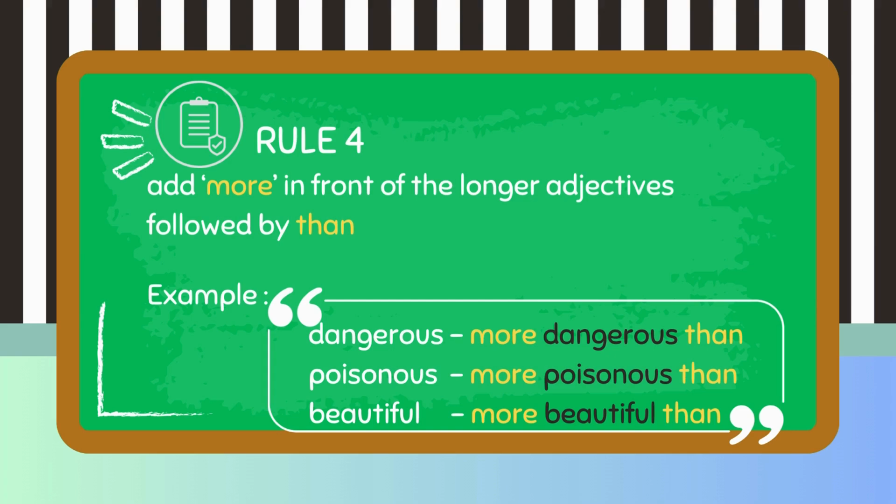Therefore, we add more in front of the word dangerous and followed by the word than after dangerous. Thus, dangerous becomes more dangerous than. Second example, poisonous. Change to become more poisonous than.